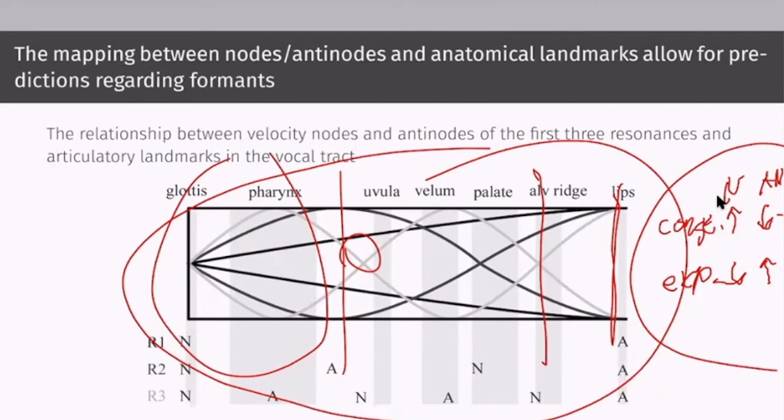I'm not above the resonance. I'm not close, but I'm in the neighborhood. And there is a constriction at the alveolar ridge. What is likely to happen to me?